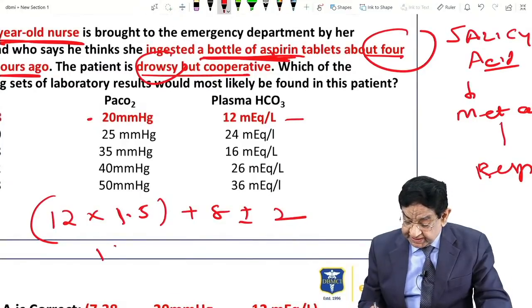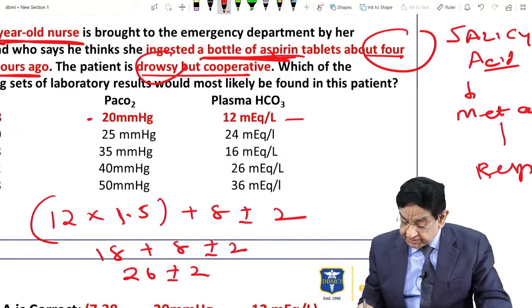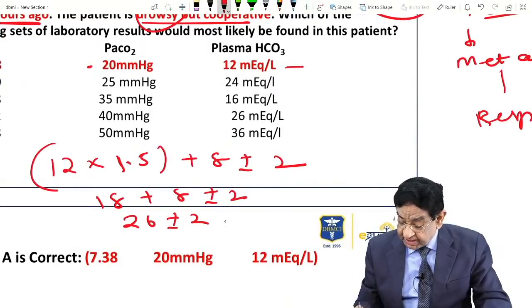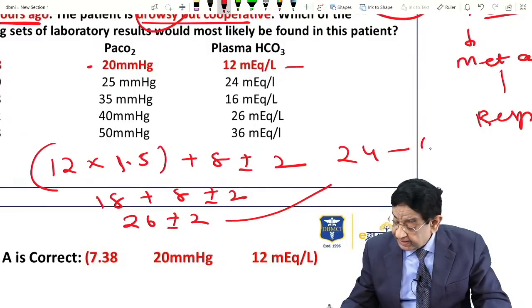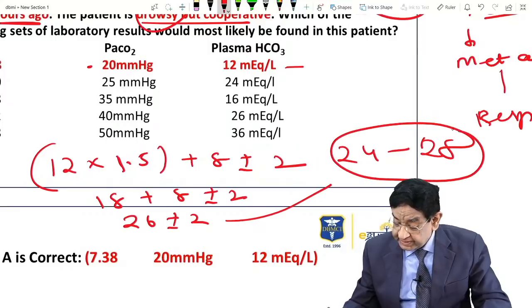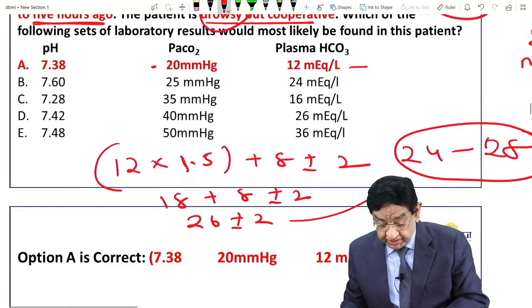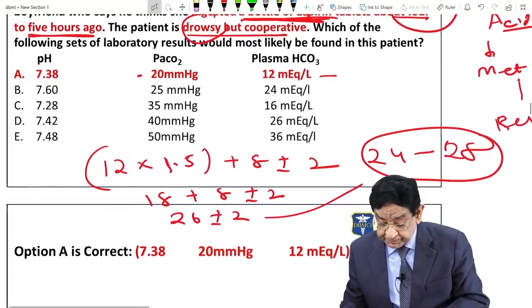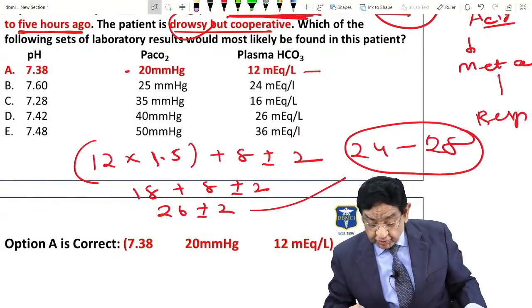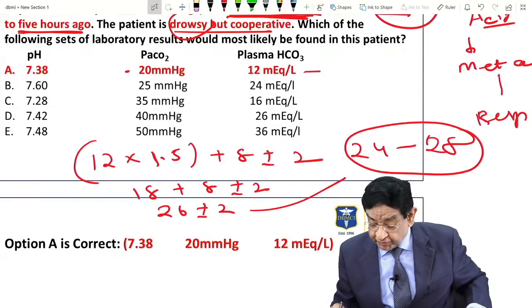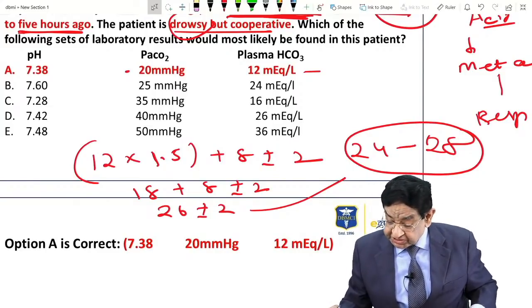This is 18 plus 8, plus or minus 2, 26 plus or minus 2. This comes out to be 24 to 28. This is what we are going to get if adequate compensation is there.